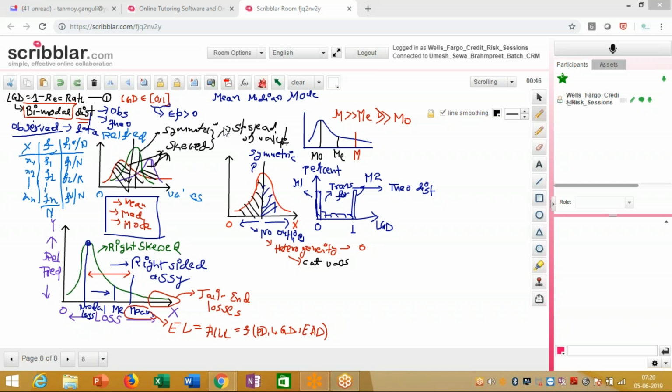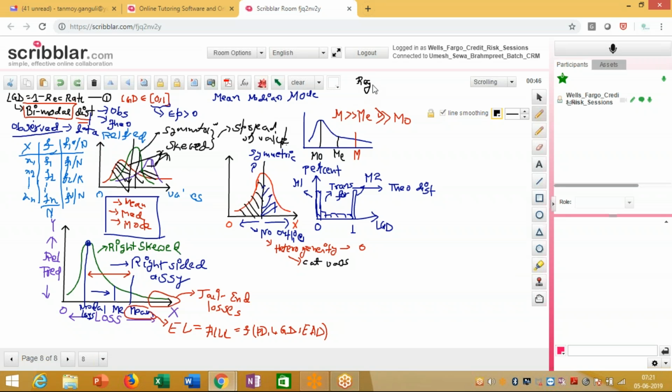Now to compute LGD, this is where we need to sit back and understand the modeling methods that we would use. A very typical modeling method used for modeling LGD is the regression models.